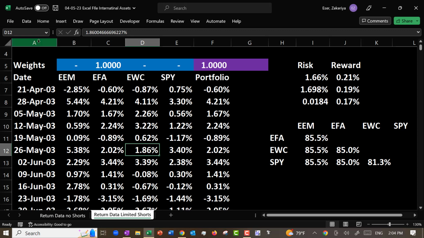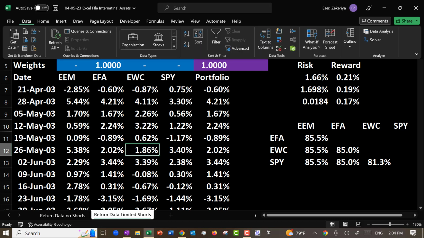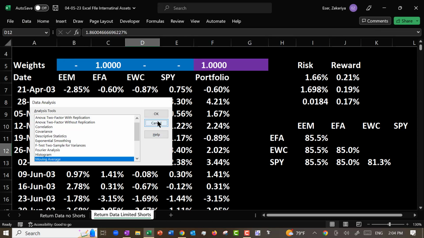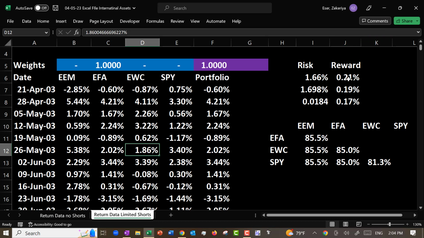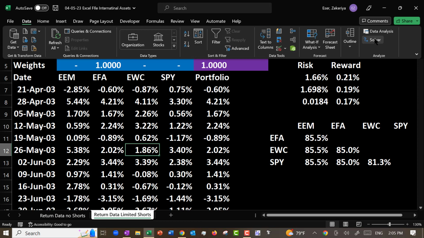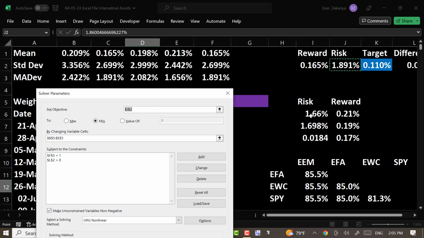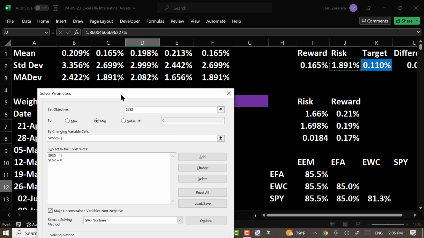Data, not data analysis. Okay. I want to minimize the risk by changing those cells.